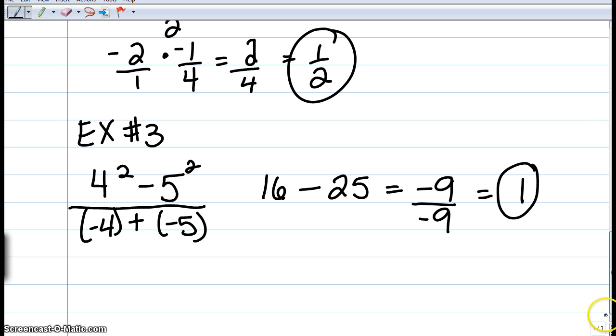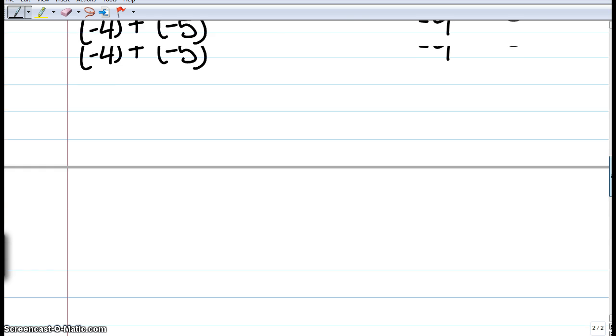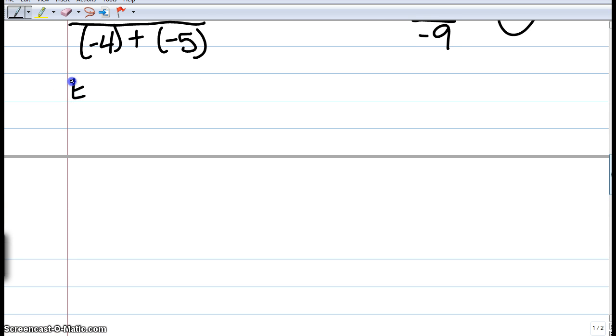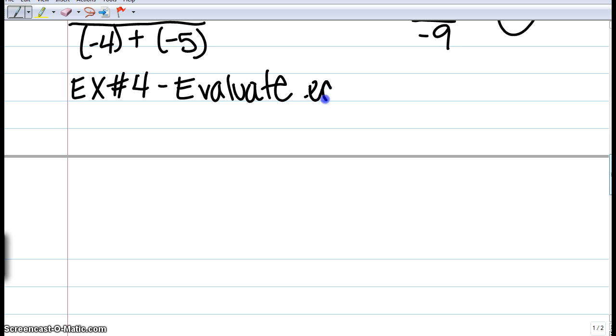Example number 4. You are going to have to evaluate each expression.